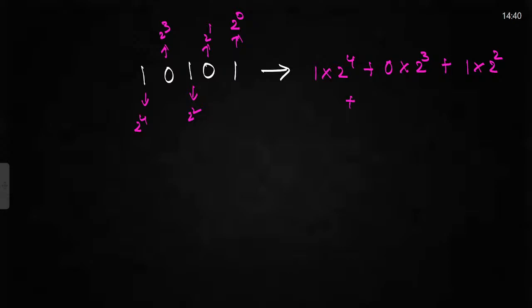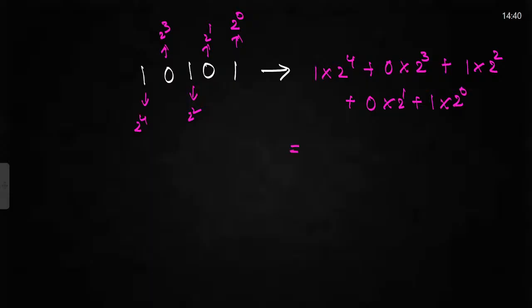Similarly, for binary number system also we will have the same type. So this is my 2 power 0, 2 power 1, 2 power 2, 2 power 3 and 2 power 4, right? Now let us calculate. So this is 1 into 2 power 4 plus 0 into 2 power 3 plus 1 into 2 power 2 plus 0 into 2 power 1 plus 1 into 2 power 0.